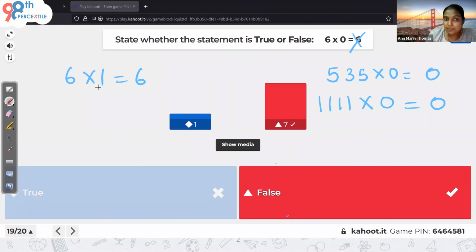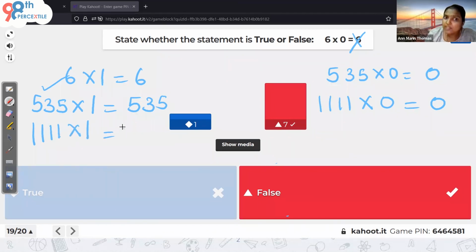So 535 times 1 is nothing but 535, the number itself, right? 1,111 times 1 will give you 1,111. Any number multiplied by 1 is the number itself. Any number multiplied by 0 is 0. All right. Excellent. Good job, students.